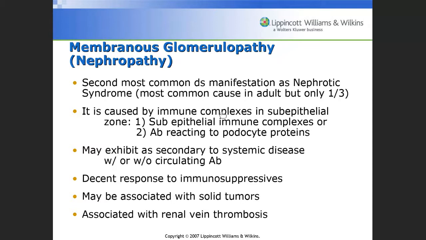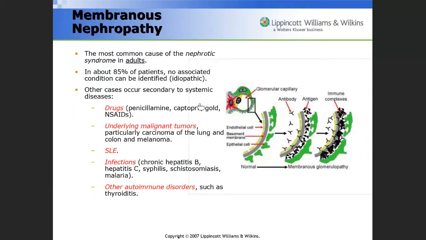Other things are associated too, like solid tumor and thrombosis. There are other causes, but I don't want to complicate things. Just say it's immune complex associated. But how do you know that this is related to membranous glomerulopathy? It is because of the special staining that you can do.